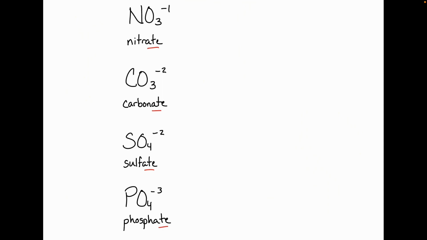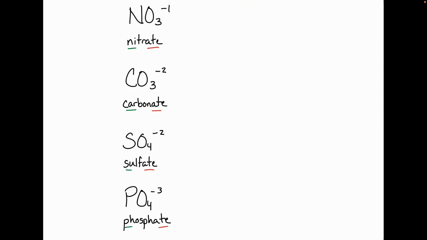The beginning of each of these names tells me what the element is at the beginning of my formula. Nitrate is nitrogen, carbonate is carbon, sulfate is sulfur, phosphate is phosphorus. And then they all have some amount of oxygens on them.